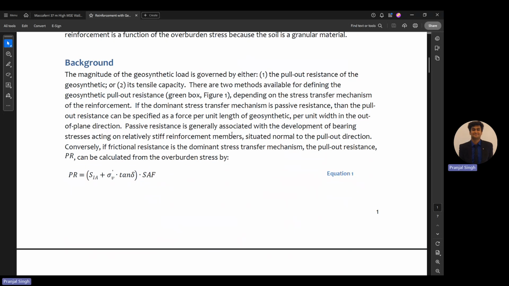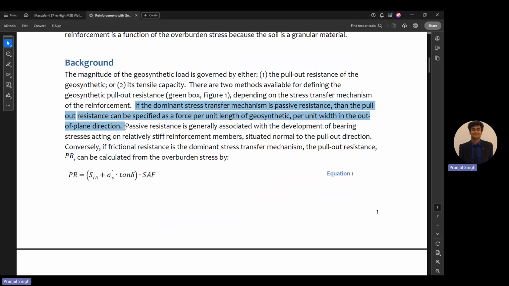If you have a reinforcement in which the stress transfer mechanism is passive resistance, that means bearing is dominant, then it is not dependent on the overburden stress. Whereas if the pull-out resistance is dependent on the friction of the reinforcement, then it is dependent on the overburden. So these are the two different approaches which can be used.